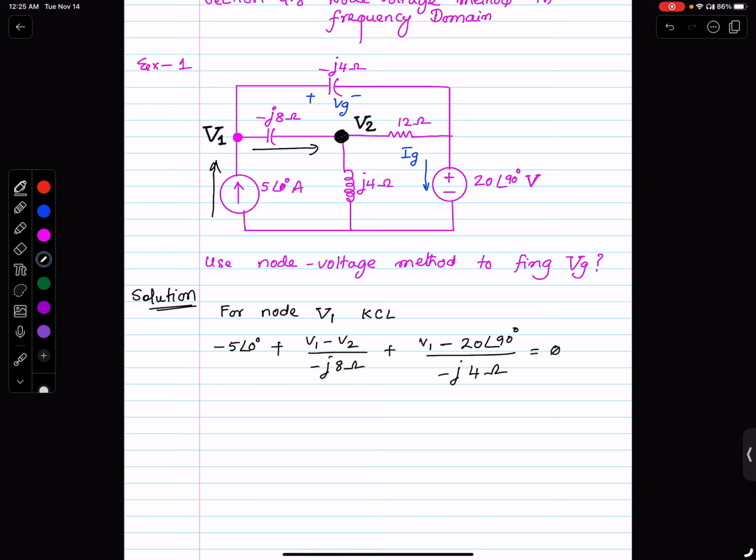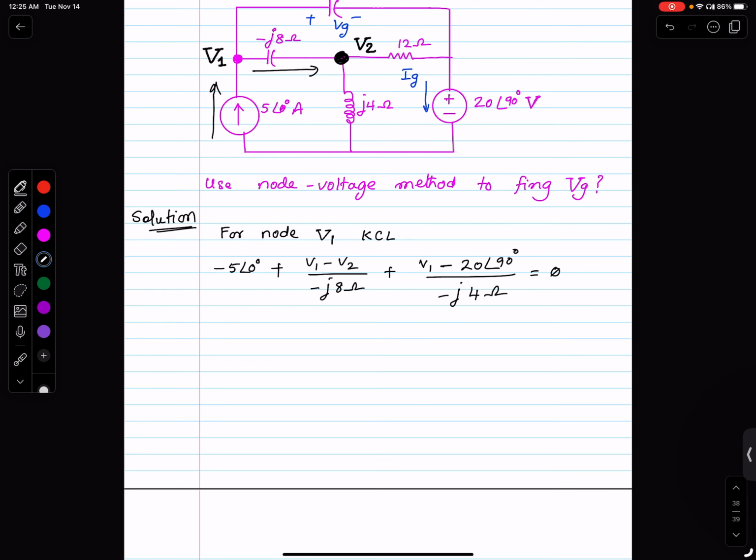Okay, I can simplify this a little bit more. We can factor out V1. If we factor out V1, you're going to see something like 1 over negative J8 ohms plus 1 over negative J4 ohms, plus V2 times 1 over J8 ohms.